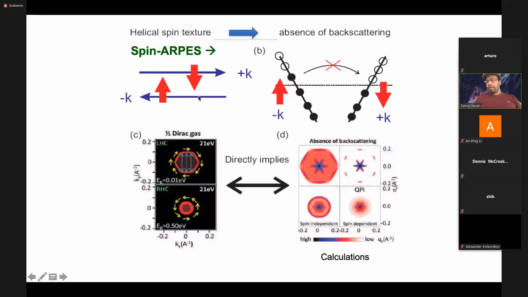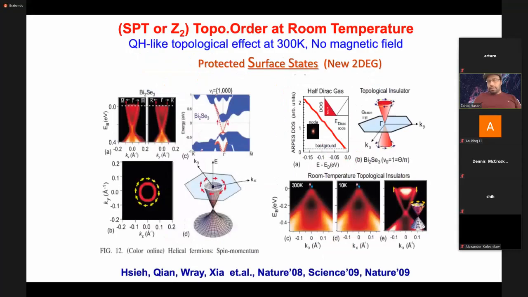So it cannot scatter. That means it cannot take a U-turn. So, absence of backscattering. This is also seen in STM QPI, SPM QPI, the absence of backscattering. So that means in topological insulators on the edge or on the surface, direct backscattering is forbidden, side scattering is not.